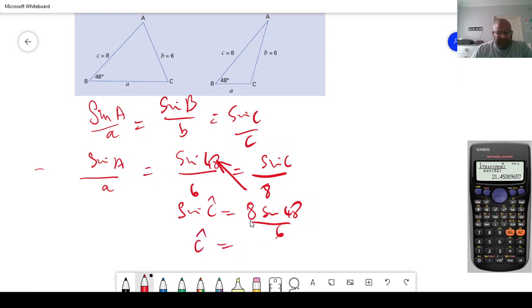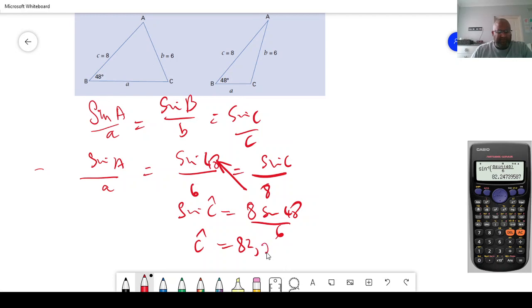Angle C is equal to arc sine of that. On the calculator, arc sine of 8 sine 48 degrees, close the bracket, over 6. That gives me an angle of 82.2.